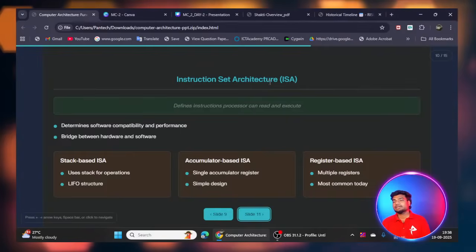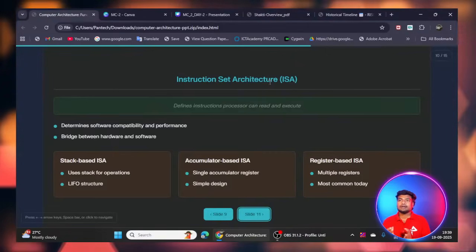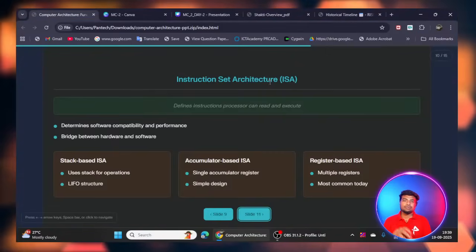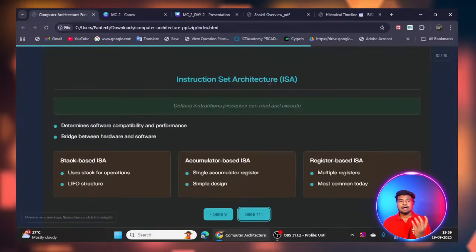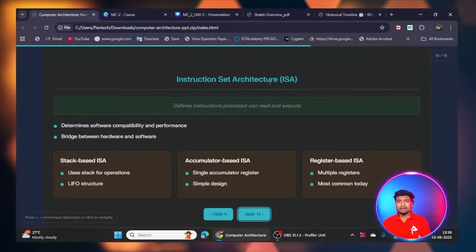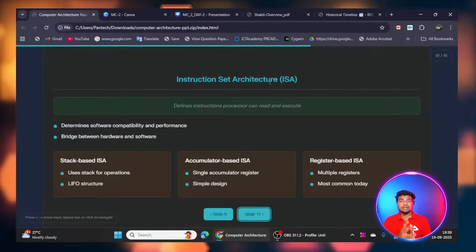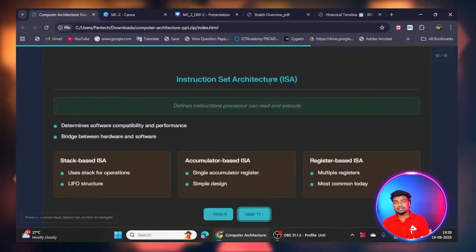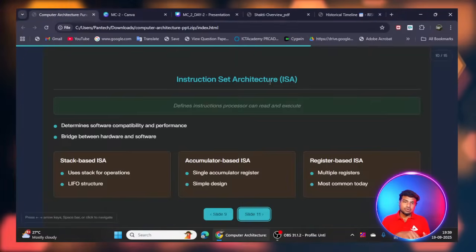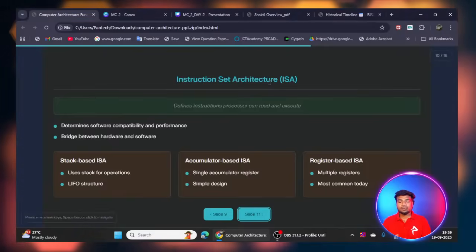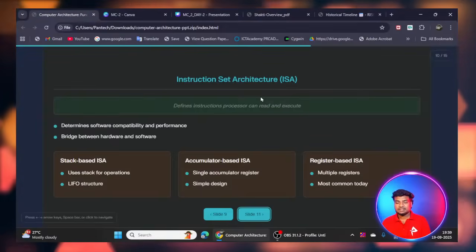For example, in your Python code or SystemVerilog code, you write a equal to 5 plus 1. You are doing an addition operation, and then we have to store the result, 6, in the A register. These things are controlled by the ISA, the instruction set architecture, in computer architecture.